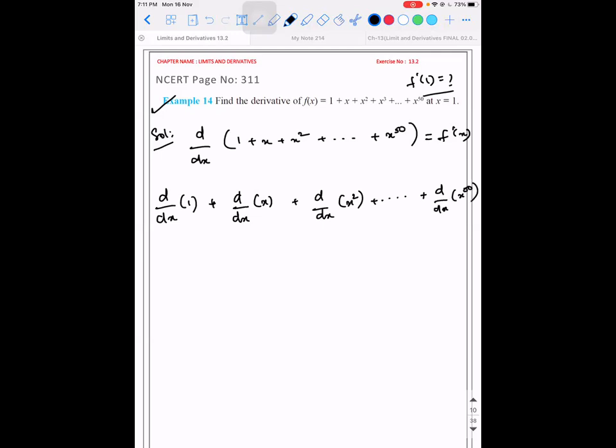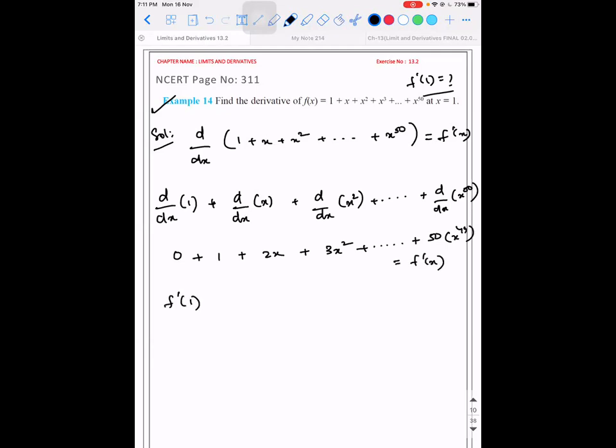So the derivative of 1 with respect to x is 0. Derivative of x is 1, then 2x, 3x square. What will be the last term, guys? 50x to the power 49. Very good. So this is f dash of x.